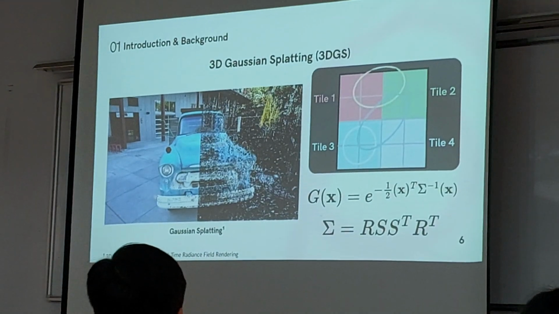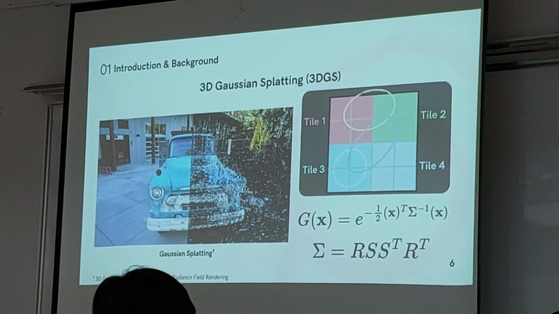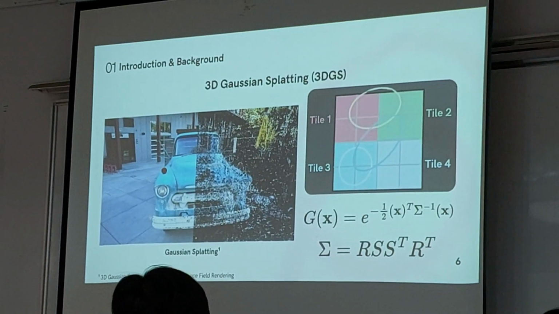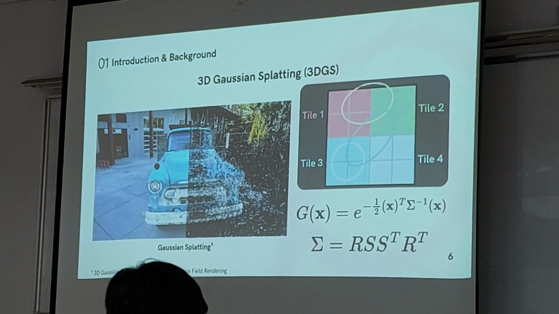And Gaussian splatting is like when we have an object, there are multiple smaller ellipsoids, smaller particles that are called Gaussians. Each Gaussian will act as a particle that you can view from different points.